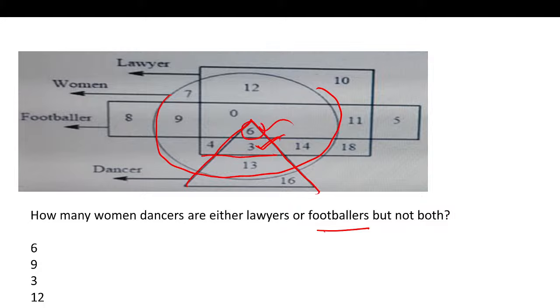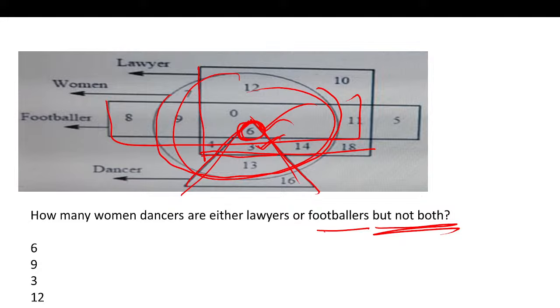If you take 6, what is the problem? They are in lawyers. They are in footballers. They are in women, and they are in dancers. This 6 is not the correct answer because they are not asking for both. They are asking either lawyers or footballers. In this case, they are happening to be lawyers, footballers, dancers, women. So answer is only 3.